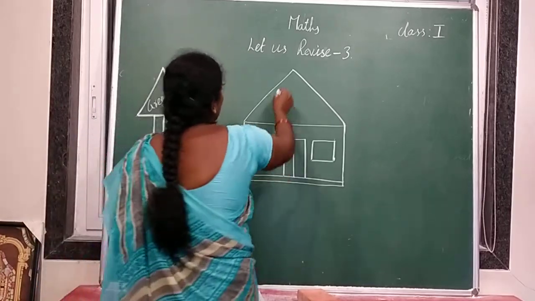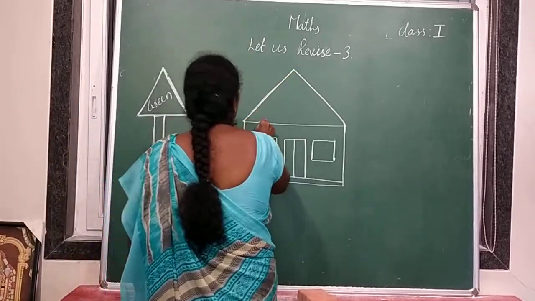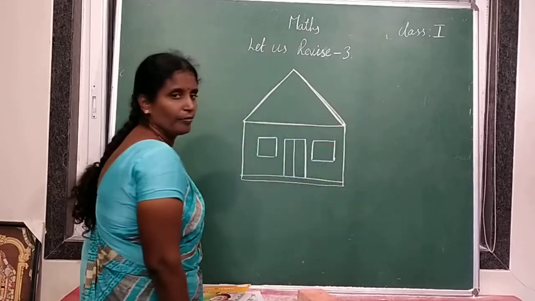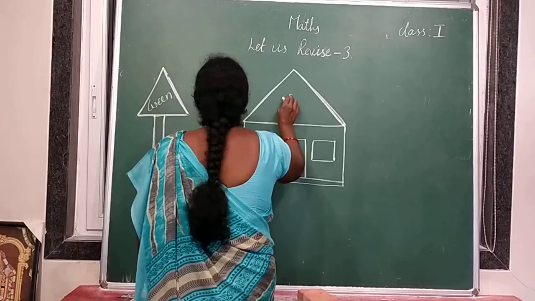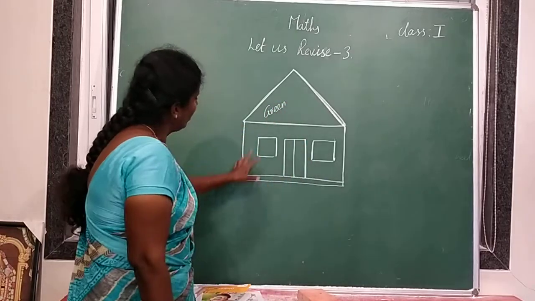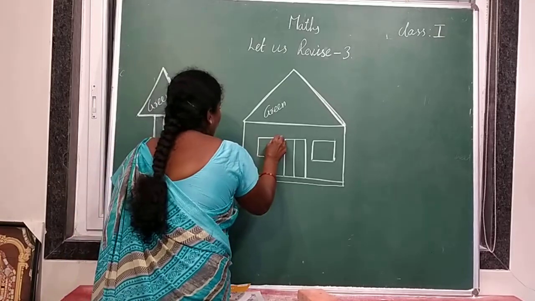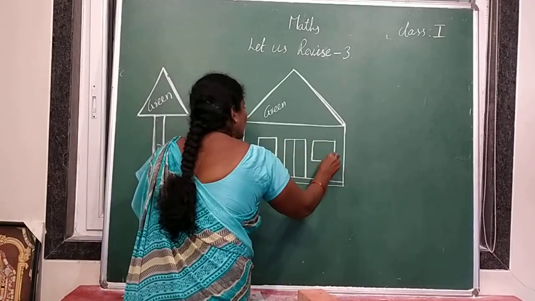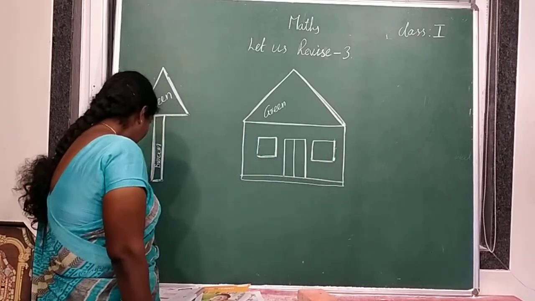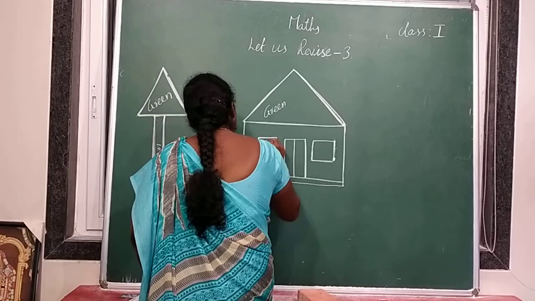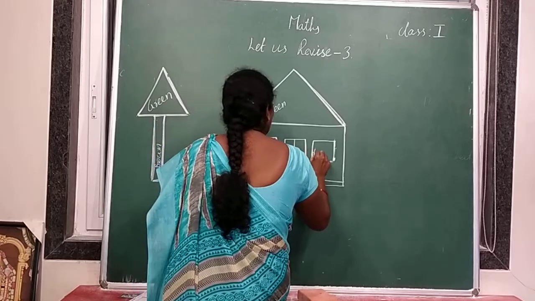And what is the name of this shape? Triangle. So triangle with green color. And this is in which shape? Like windows are there, no? So these are in square shape. So squares with yellow color.